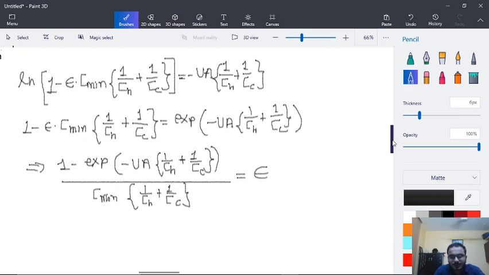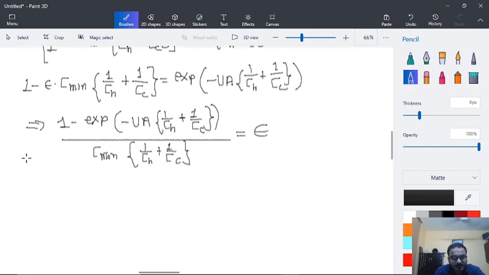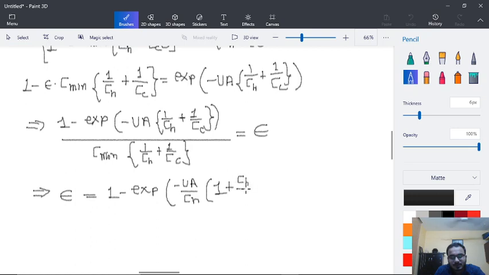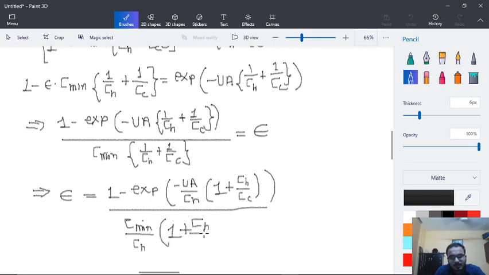So here, a few more things that we can do: we can take Ch common here, so epsilon is equal to 1 minus exp of minus UA upon Ch into 1 plus Ch upon Cc, divided by C minimum upon Ch into 1 plus Ch upon Cc.